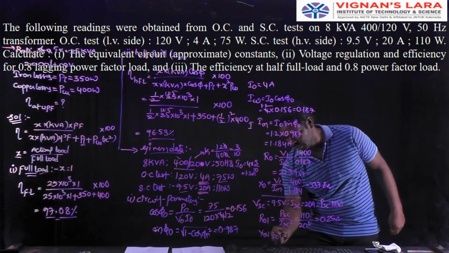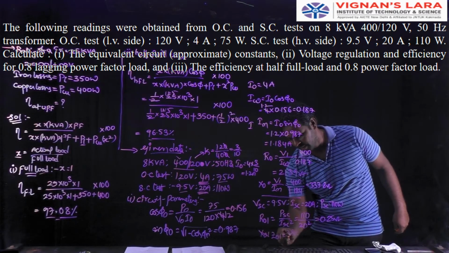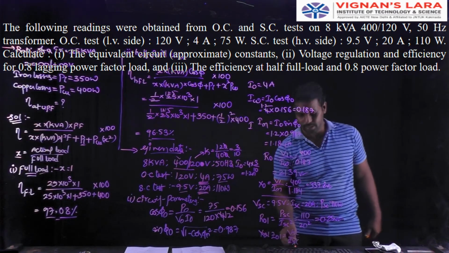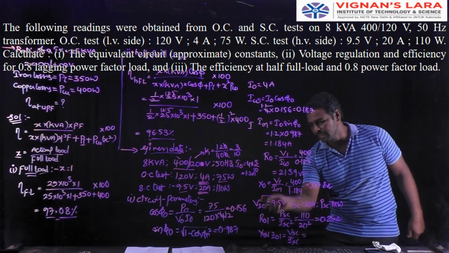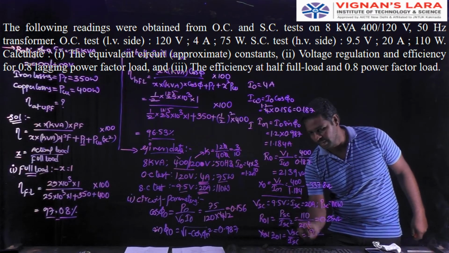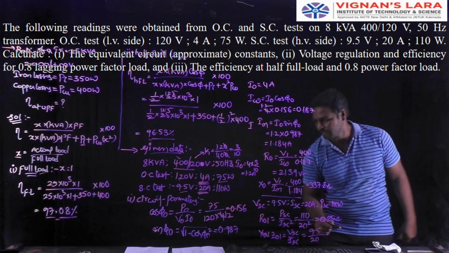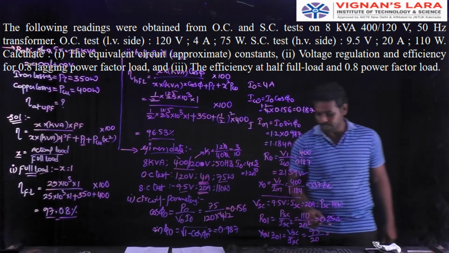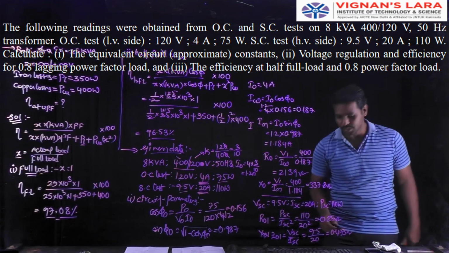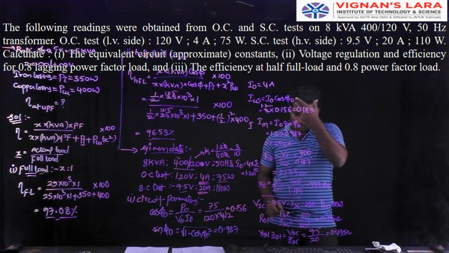Z01 is equal to VSC by ISC, which is 9.5 divided by 20, equal to 0.475 ohms.